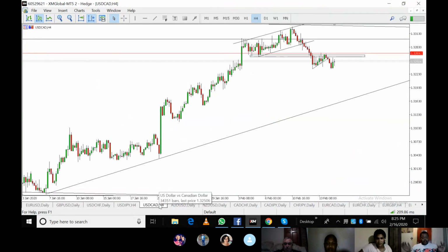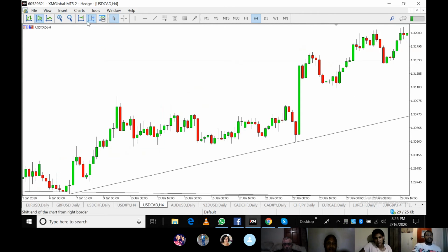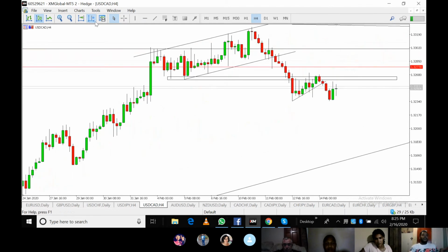Okay, so first thing to note is we entered USD CAD. I see there is a line over here. So USD CAD we entered over here. This is confirmation. So for you guys who are still a little bit unsure about confirmation, let me just delete these extra lines, and I'm just gonna add them as the trade progresses now.